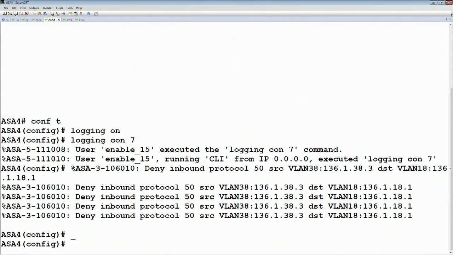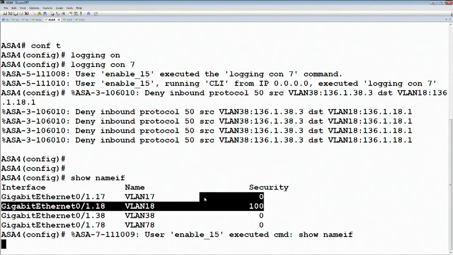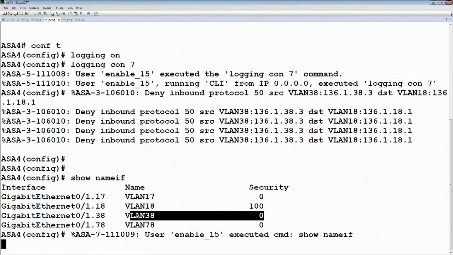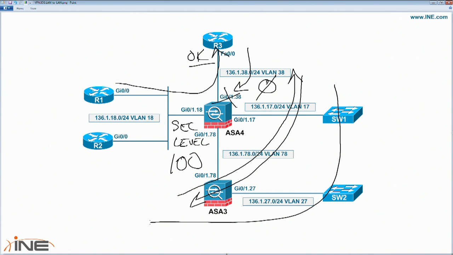Now the reason why: if we look at the show nameif, the link that is connected to router 1 is our inside interface. This is security level 100. The outside interface that's going to router 3 is security level 0. So as we know from the basic stateful filter of the ASA, traffic can go from a higher security level to a lower one and then return, but traffic cannot come unsolicited from a lower security level to a higher security level.